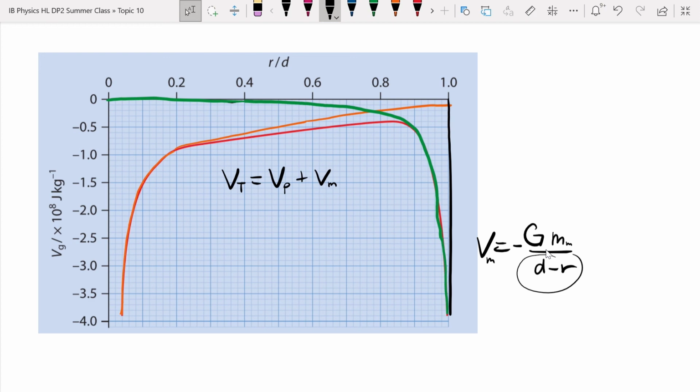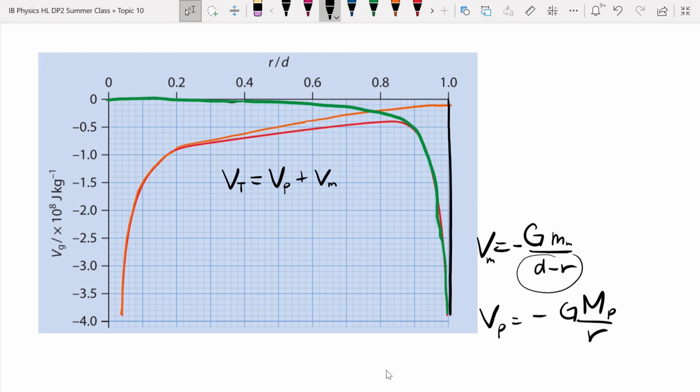When it's d, it's going to be 0. So you just shifted it by an amount d, and you flipped it over. The potential of the planet is the same thing, just G, mass of the planet, divided by r. This one just starts at 0.